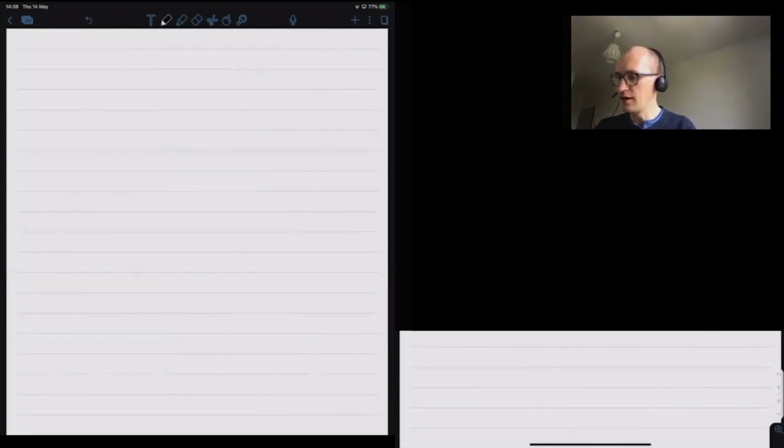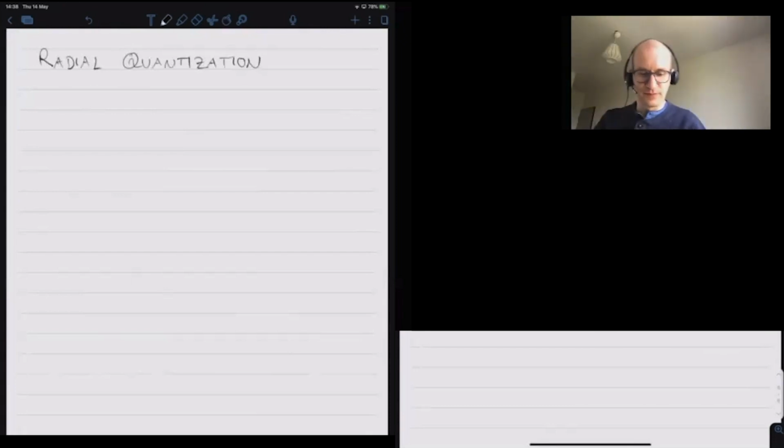This may look a little bit unfamiliar at the beginning, but it's something that is easy to get used to. So let's just make a geometrical remark on what standard quantization is.